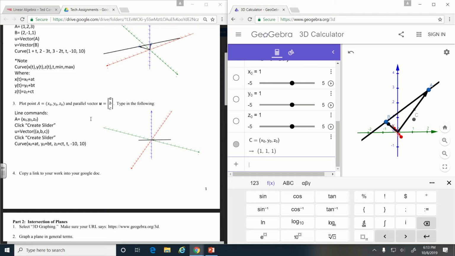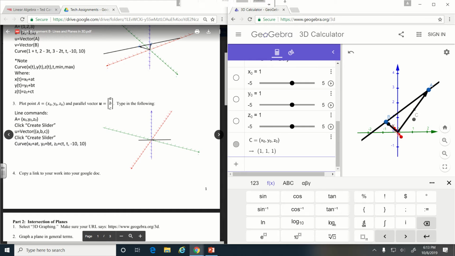If you don't have any experience with this, you'd be like, well, why would it know to do that? Why would that be important? The constant is something that you want to have control over. So by creating sliders, you're able to manipulate that constant very quickly and easily, rather than actually replacing the x sub 0 with a 1, then a 2, then a 3, then a 10, whatever, and watching it change like you would on a graphing calculator.